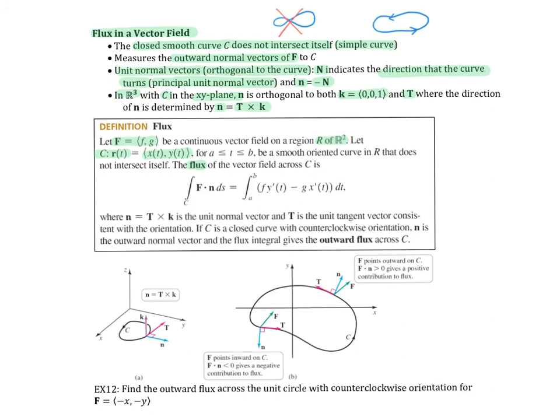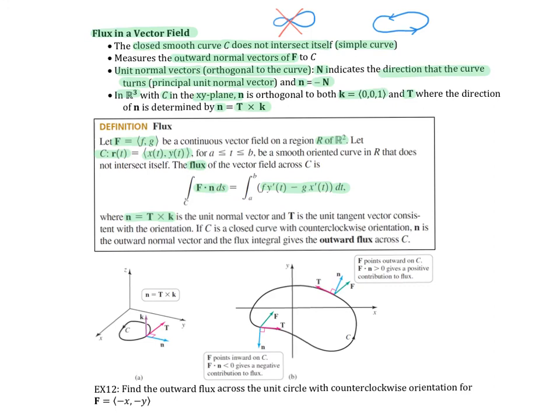In this case, we're trying to find normal vectors, so it makes sense to dot the vector field with those outward facing normal vectors. Now that's with respect to arc length. So it's actually easier to use the formula f y prime of t minus g x prime of t, which would be the dot product of the vector field with the outward normal vector with respect to the parameter t. Again, this is where n is equal to t cross k.